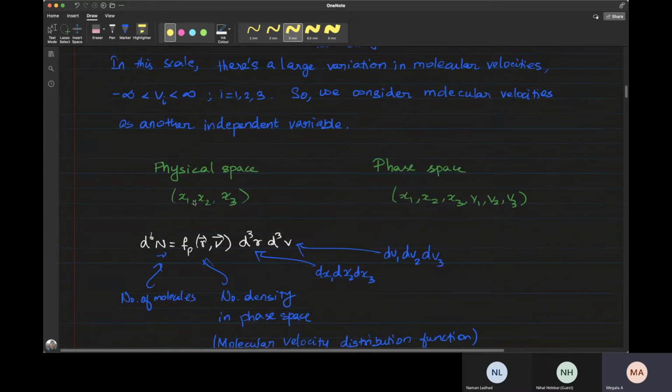Along with the physical position variables x1, x2, x3, we consider velocities also as independent variables. So we have 6 independent variables right now. So this becomes the phase space. Physical space is where we have only the position variables as independent variables, whereas in the phase space, you consider both position variables and velocity variables as independent variables.